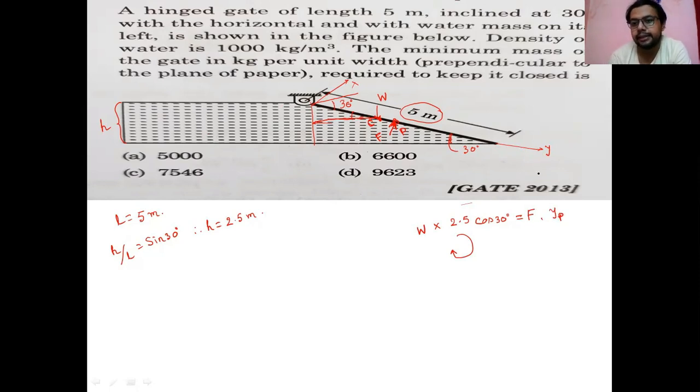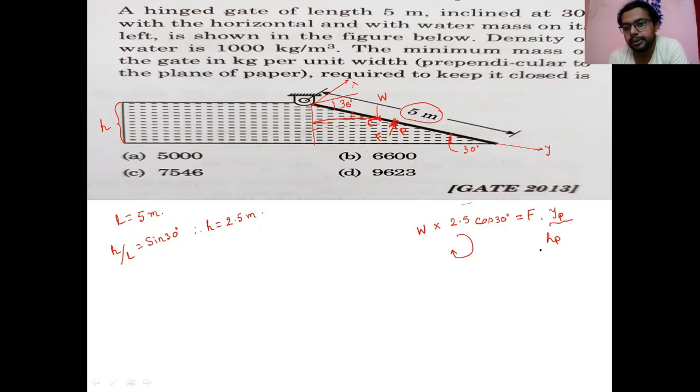Or instead of YP you can say hp, the height. So YP is the location, and here it is hp. So YP can be written as hp divided by sin theta.